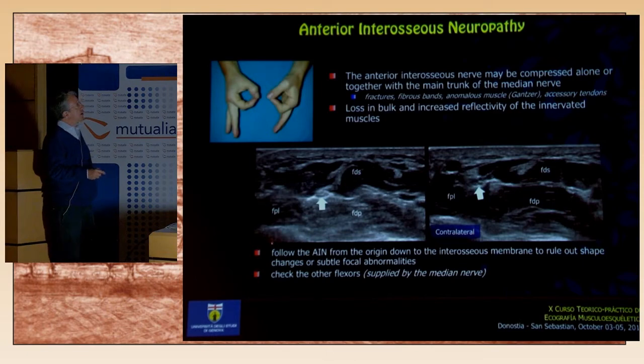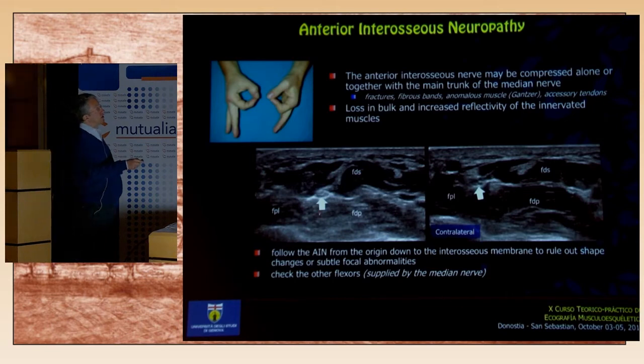This is the typical appearance of what happens in these cases. This is the healthy side. You see the flexor digitorum superficialis, flexor digitorum profundus, the flexor pollicis longus. These muscles are more or less the same on the affected side, with the exception of the flexor digitorum profundus that has some atrophic changes.